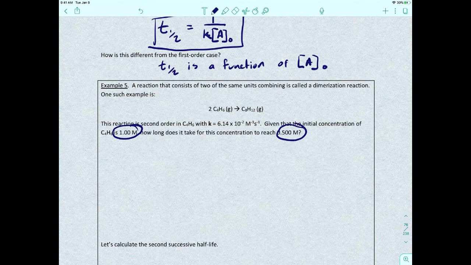I'm going to go for the second option. Let's use the full equation just so we can get some more practice using it. So to write that equation out, 1 over the concentration of C4H6 at a certain time t is equal to kt plus 1 over the initial concentration of C4H6.